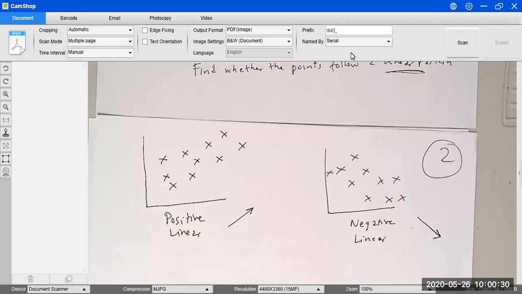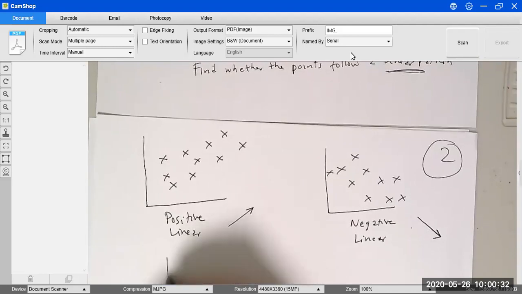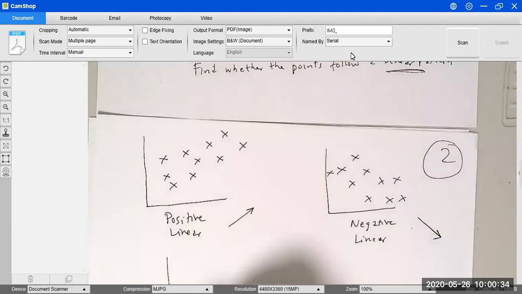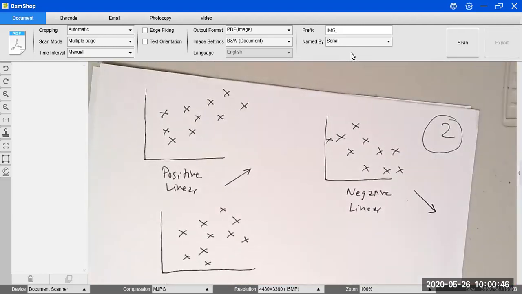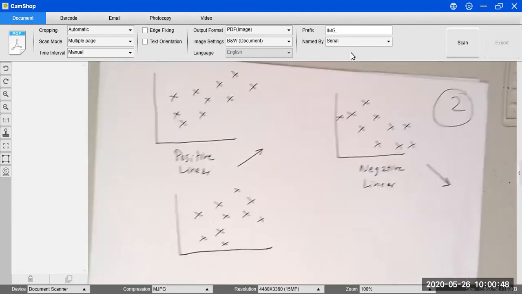So we might have also points like this. You might think that this is a linear pattern. Some people might think that it's not.